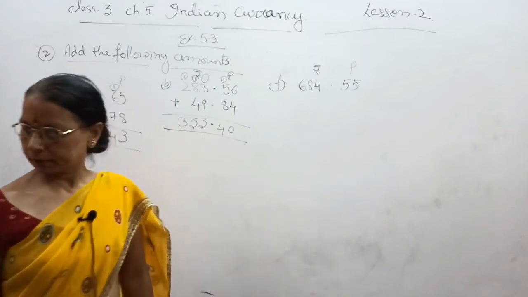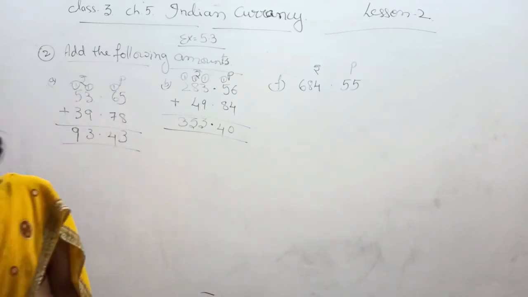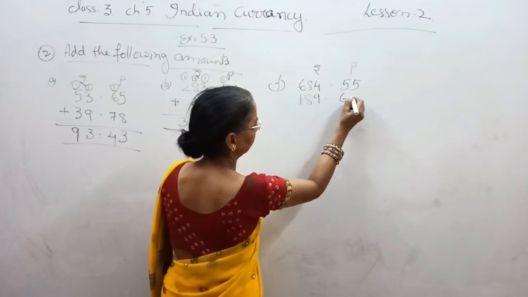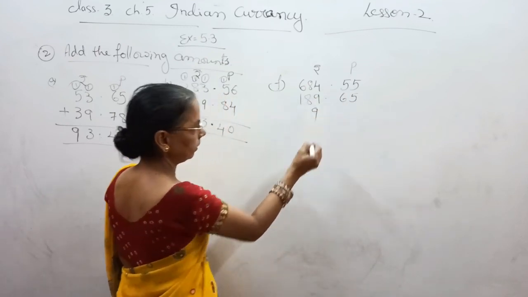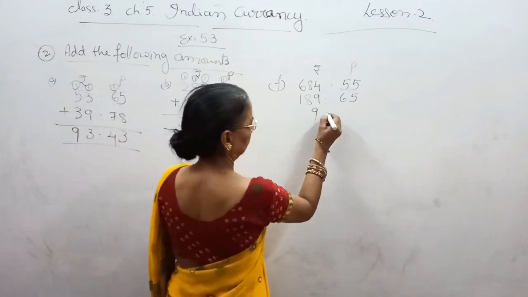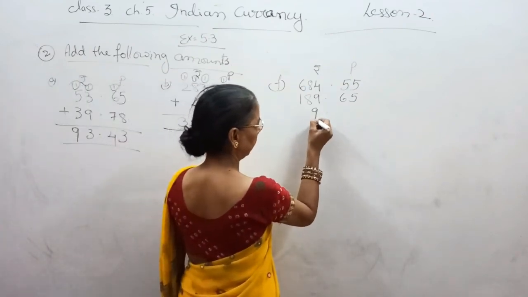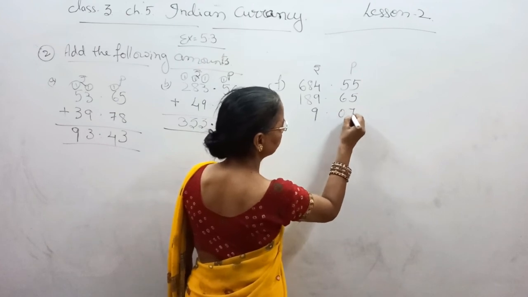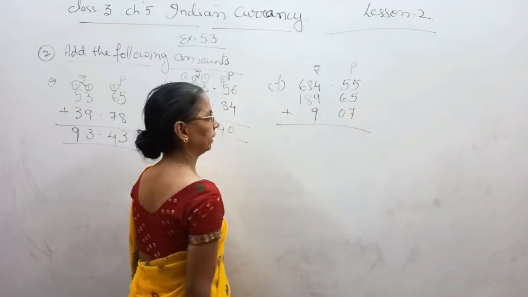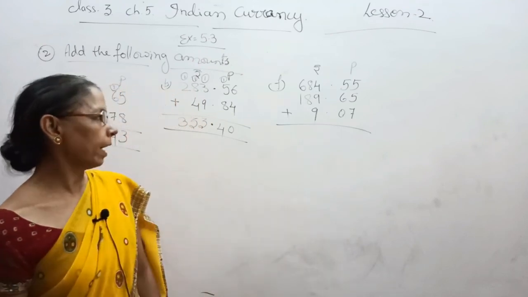Then second line, 189 rupees 65 paise, then 9 rupees 7 paise. 9 rupees 7 paise means 9.07. Like this we have to write it and add them.